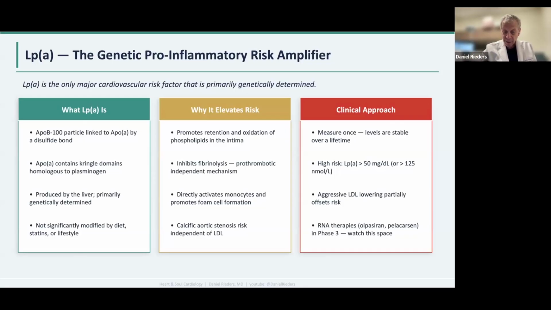For instance, if your ApoB, let's call it 210, if you multiply 210 times 0.3, that would be 63.